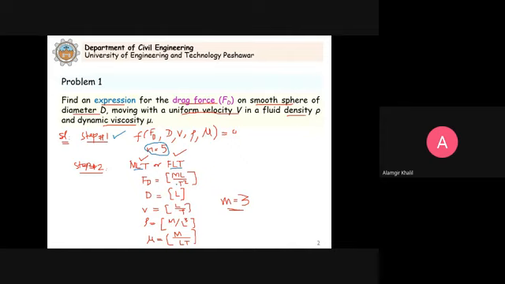Now step number two also says that you calculate m. m is the number of fundamental dimensions present. So you can see here that M is present, L is present, T is present. So m is equal to 3. If, for example, M was present, L was present, and there was no T, then in that case m will be 2. So m is the number of fundamental dimensions present.